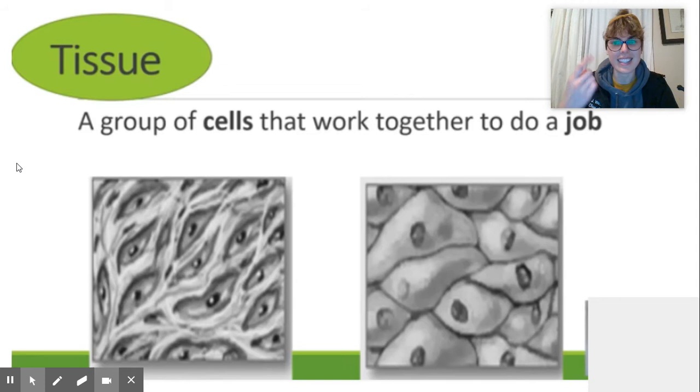One cell is not going to be able to do the same amount of work and function as a huge grouping of the same type of cell building this structure called a tissue. So, a tissue is simply a group of cells that work together to do a job or a function. And when they work together, they can perform a much larger job than the cell could have done by itself.